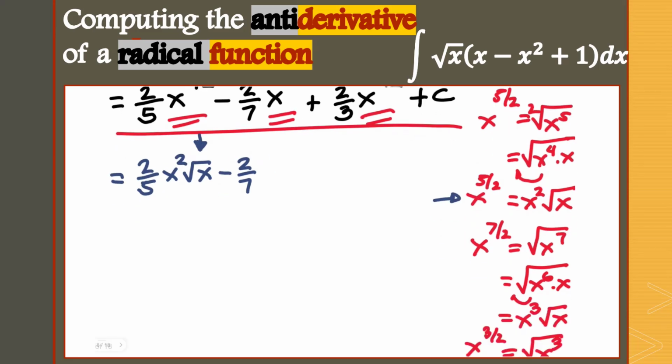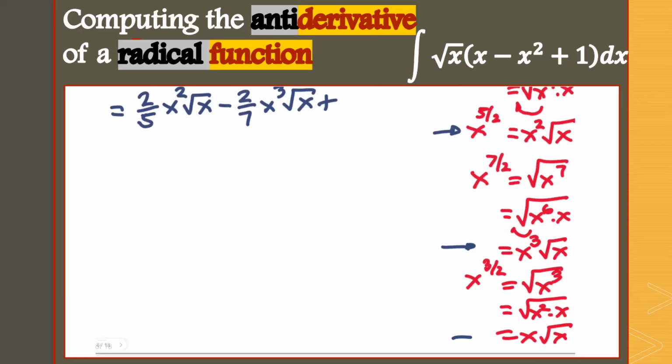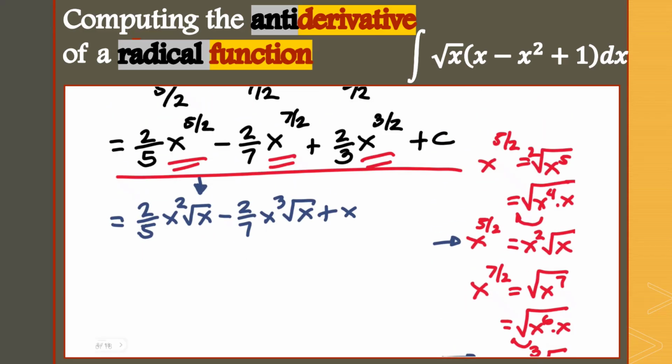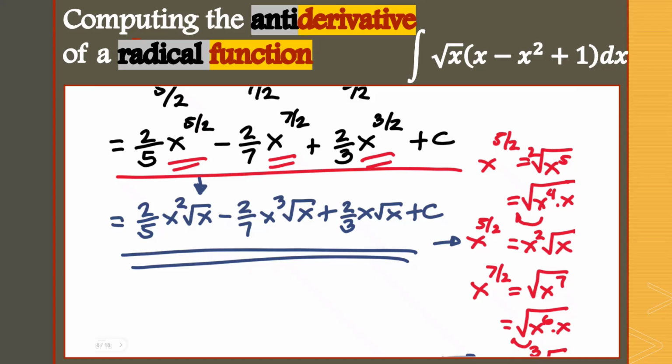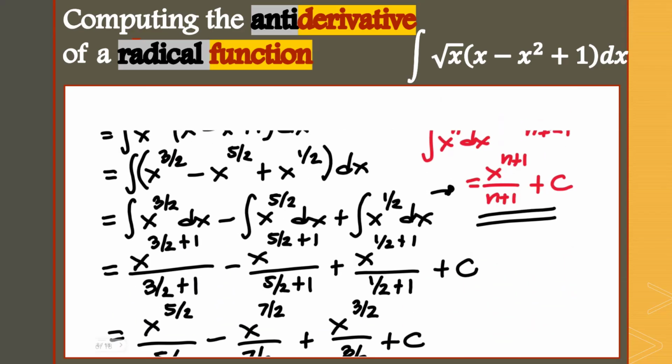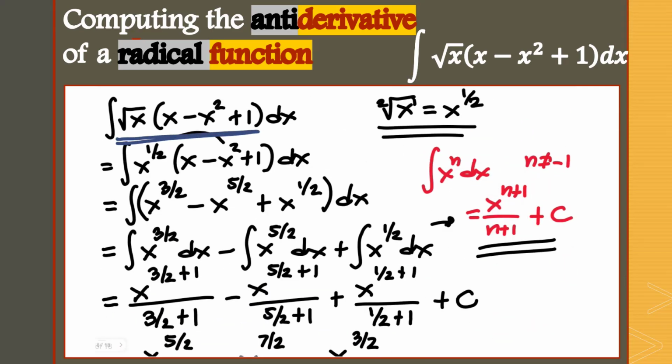For 7 halves is this x cubed square root of x. And plus for your 3 halves is actually this one here, you have 2/3 x square root of x before you add here your plus c. And yes, this is the more acceptable answer as the antiderivative of this given radical expression or radical function.